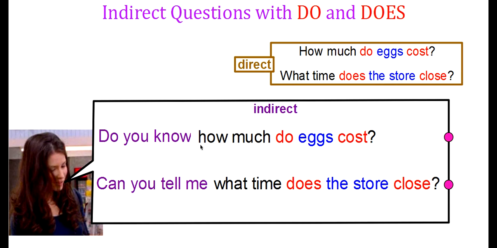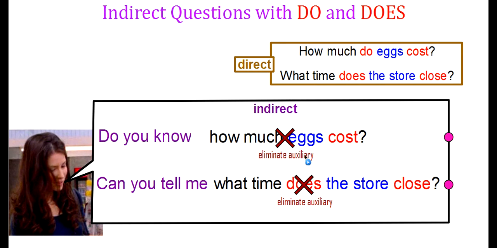And now I can't say this, do you know how much do eggs cost? That's not possible. So when I have do or does in my indirect question, I'm going to eliminate those auxiliaries. Eliminate the auxiliary. Okay? And so now my indirect question is, do you know how much eggs cost? Just like that. Okay? No do.